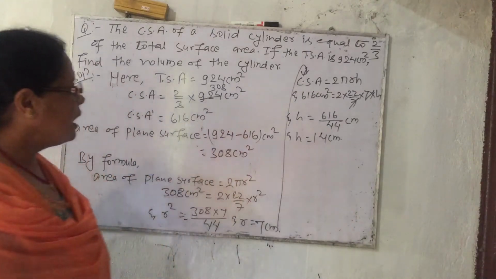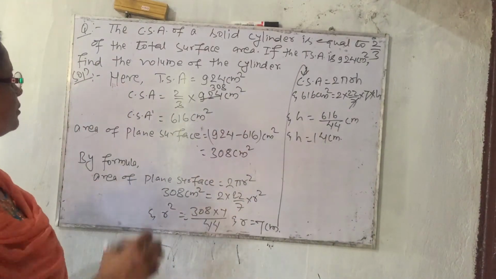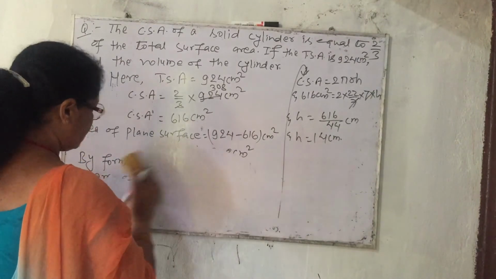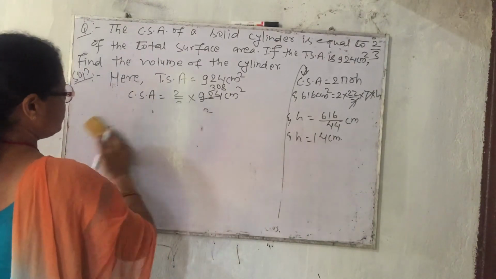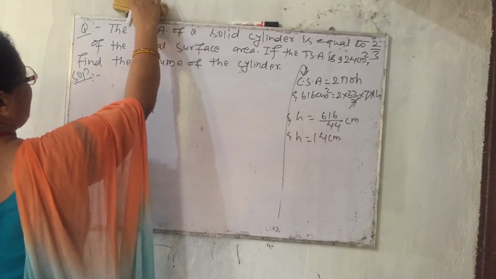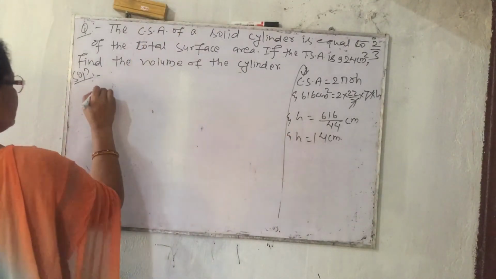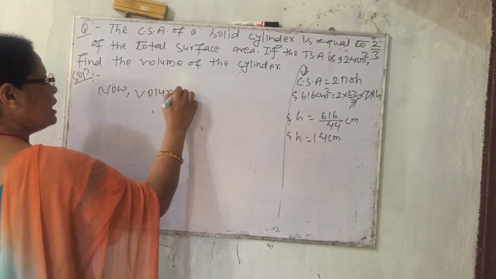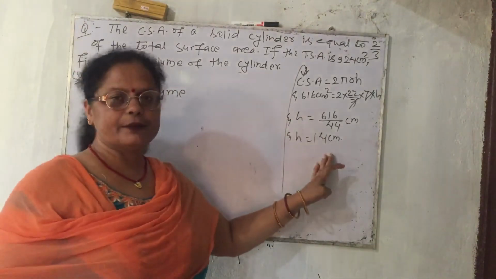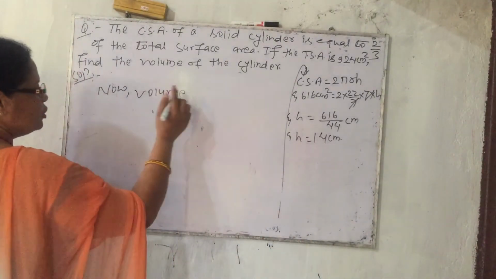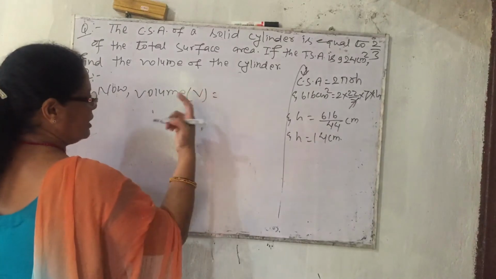After this, r we have, h we have. So volume we have to find out. Let's see how to find out its volume. Now volume we have to find out in this question.